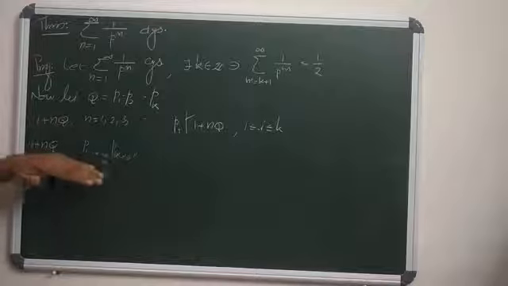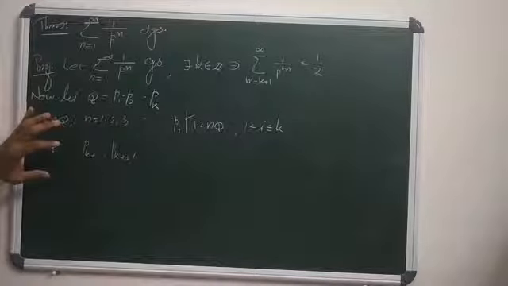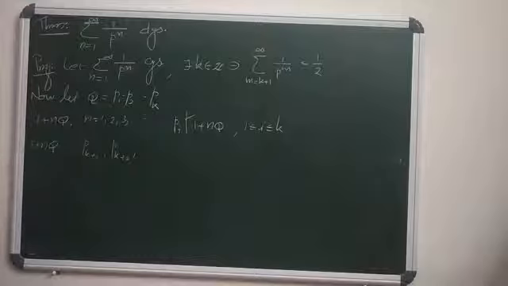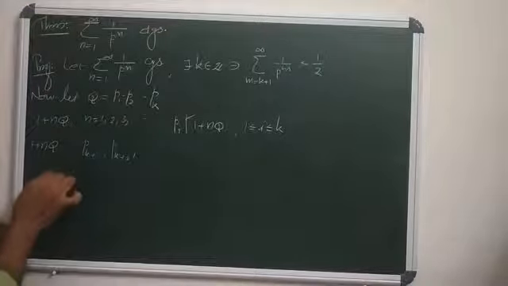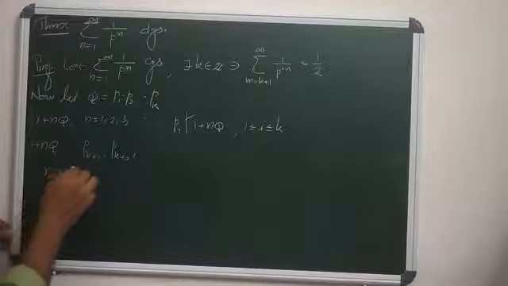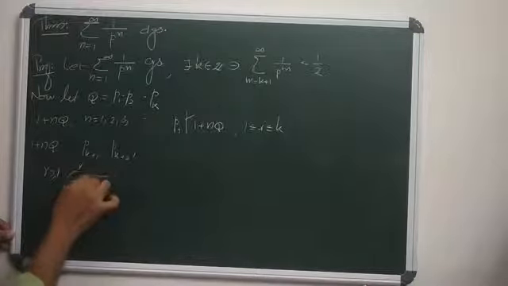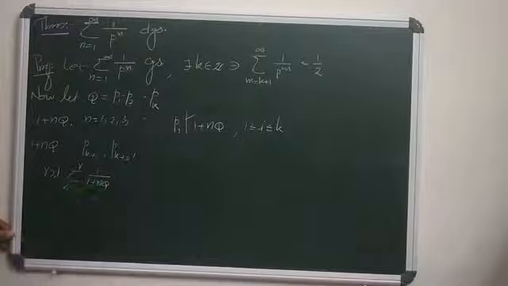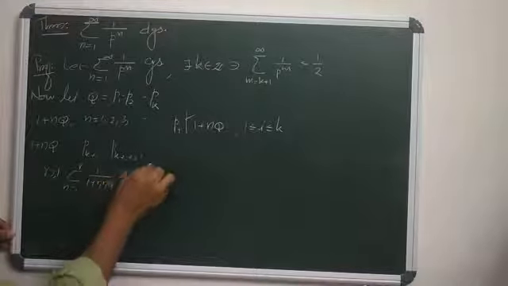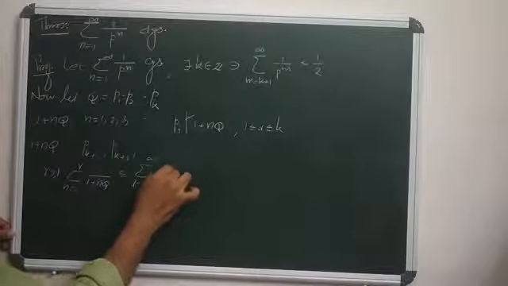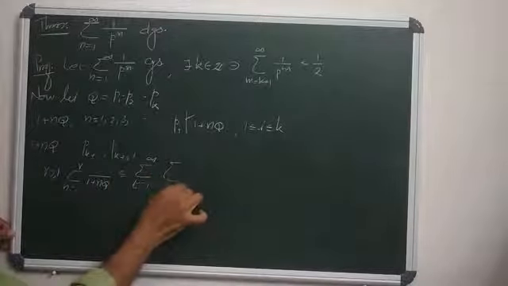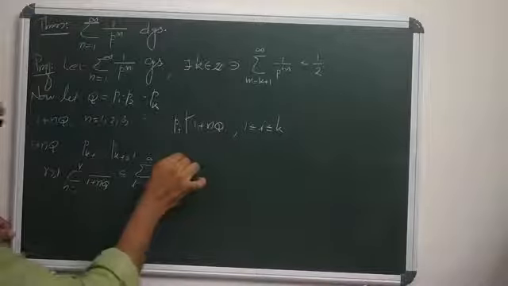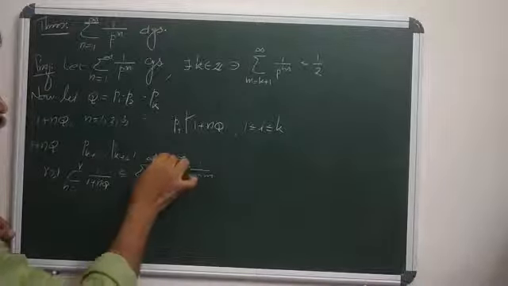Therefore, all the prime factors of this 1 plus NQ occur among the primes Pk plus 1, Pk plus 2, etc. Therefore, for each r greater than or equals 1, sigma n ranges from 1 to r, 1 by 1 plus NQ, is less than or equals sigma t ranges from 1 to infinity, sigma m ranges from k plus 1 to infinity, 1 by p power m, all power t.